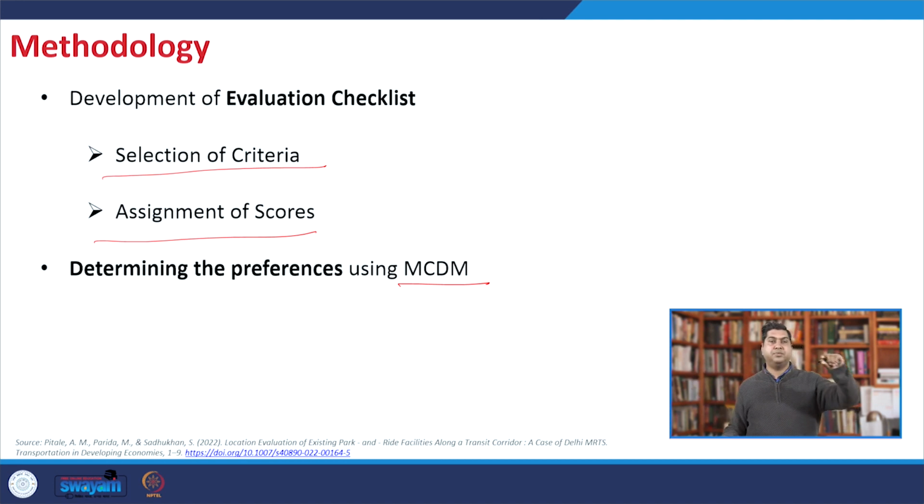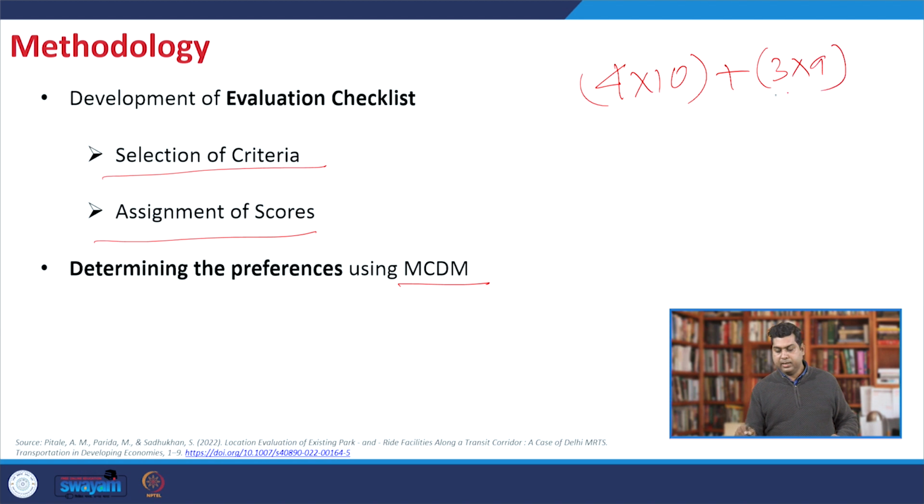Suppose subject A has 4 credits, subject B has 3 credits, and for subject A you got something like 10, and for subject B you got 9. So now how to calculate the CGPA in that case? So 4 into 10 plus 3 into 9, and then divided by 4 plus 3. So like that you get a certain kind of number.